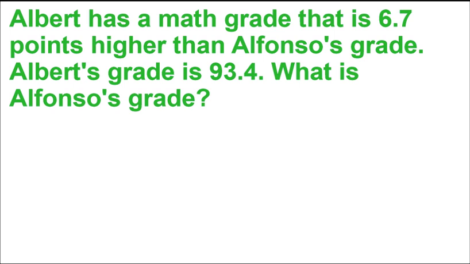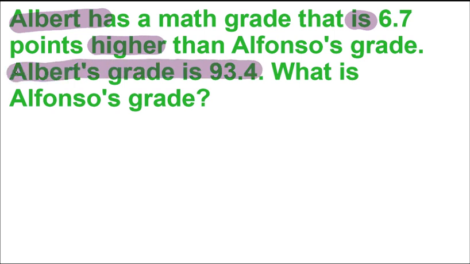Albert has a math grade that is 6.7 points higher than Alfonso's grade. Albert's grade is 93.4. What is Alfonso's grade? So first thing we have to figure out, who's higher? Albert. All right. Albert is higher.